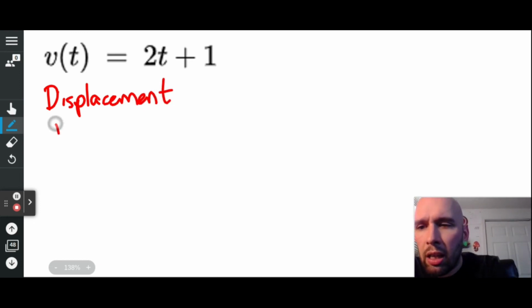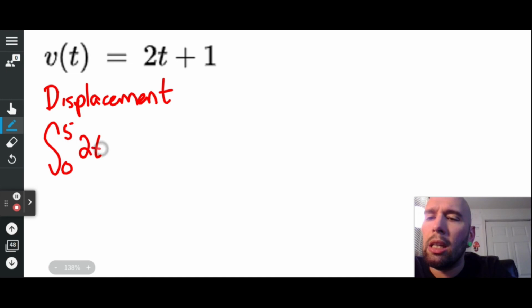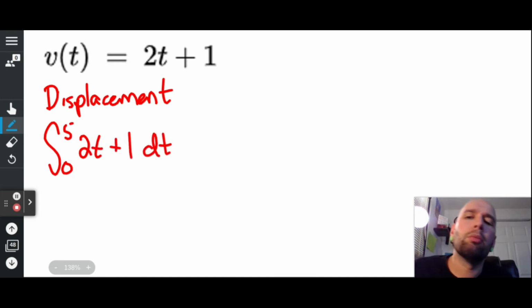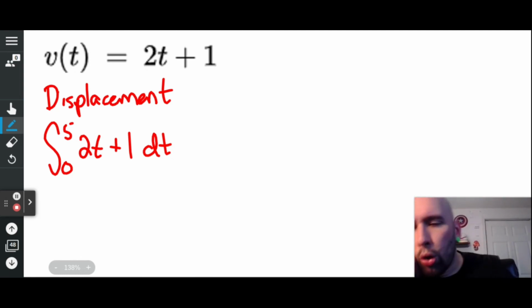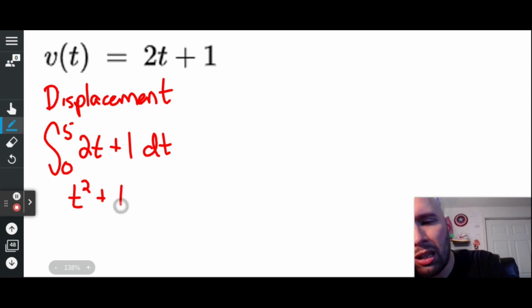So I'm going to take the integral, and it's the first 5 seconds, so between 0 and 5, of 2t plus 1 dt. So that's going to become t squared plus t, limits of integration 0 and 5.